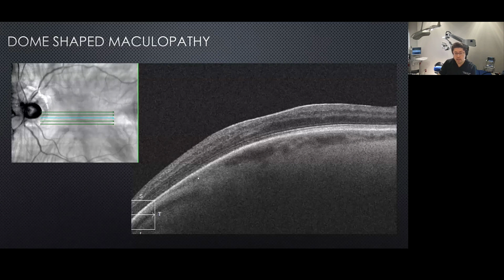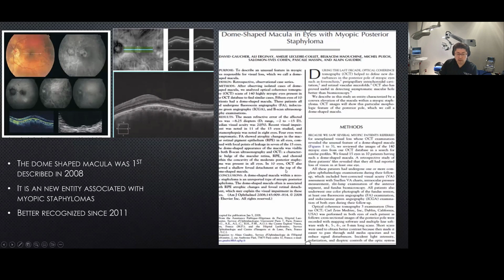Another very common condition that we sometimes see associated with high myopic patients is this big bulge, almost like a dome shape, that forms within the posterior staphyloma. And this is termed dome-shaped maculopathy. Its significance is that it's sometimes associated with subretinal fluid similar to CSR, and it is often harder to treat and more persistent.